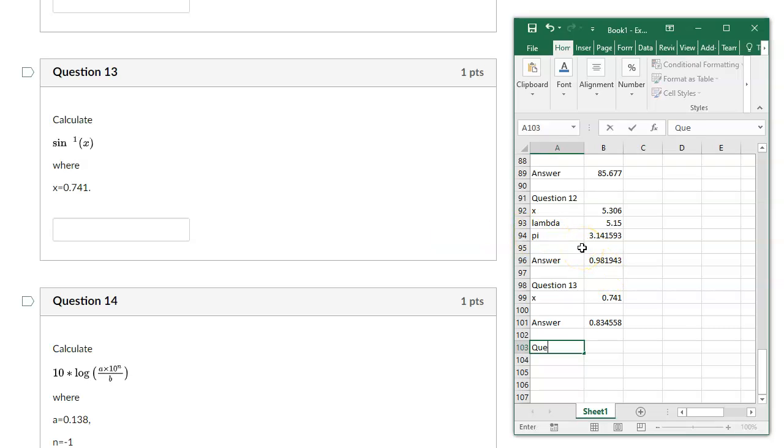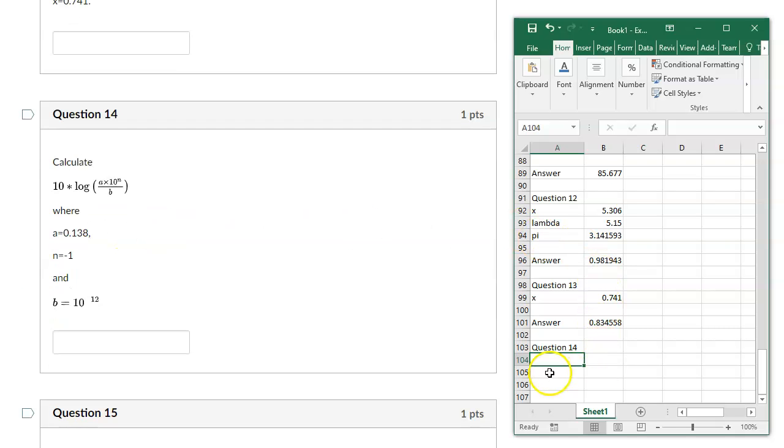Question 14. We have an A, B, and an N. And then down here, that B, that's not very clear. That's 10 to the minus 12. There are a couple ways to do that. You can do 10 to the minus 12.